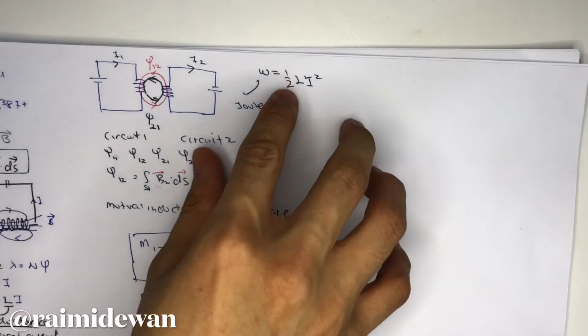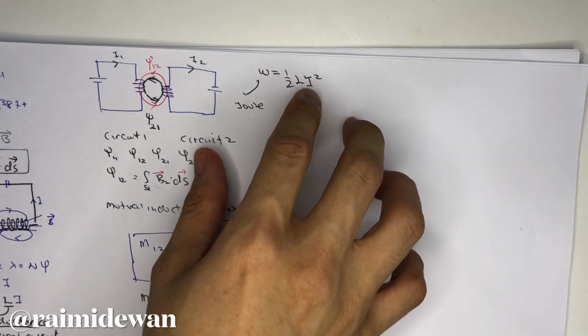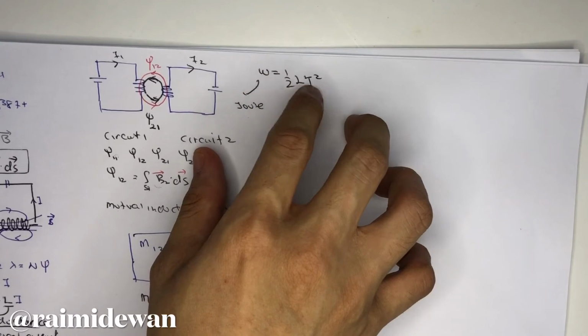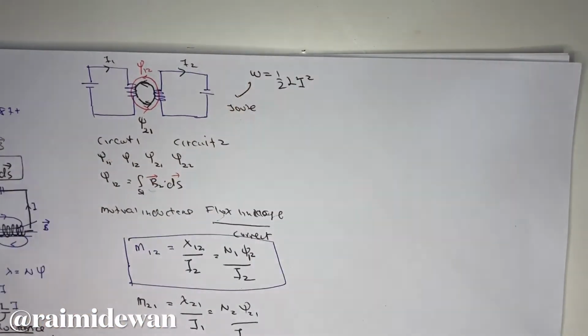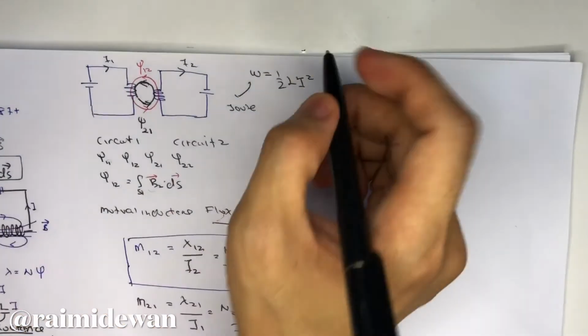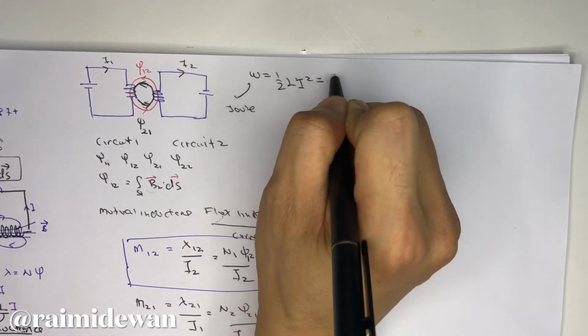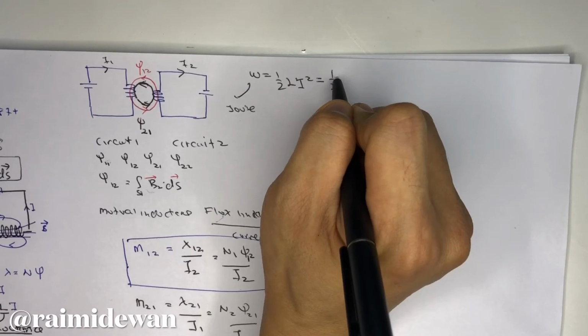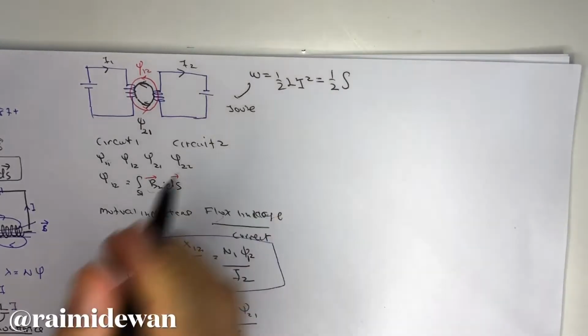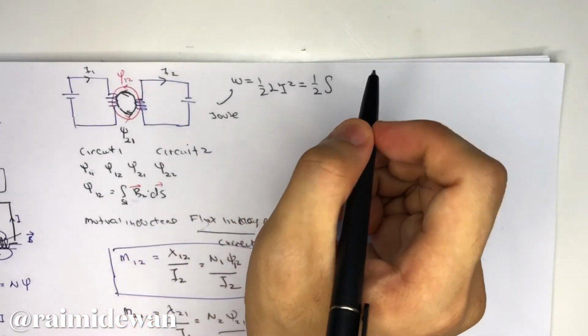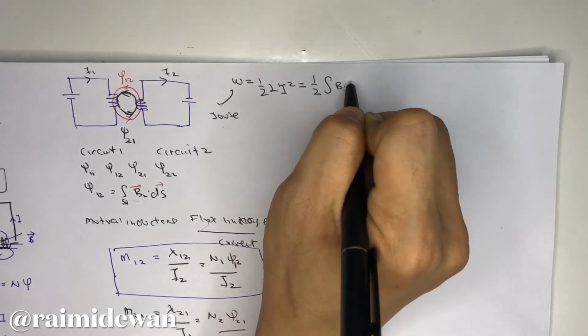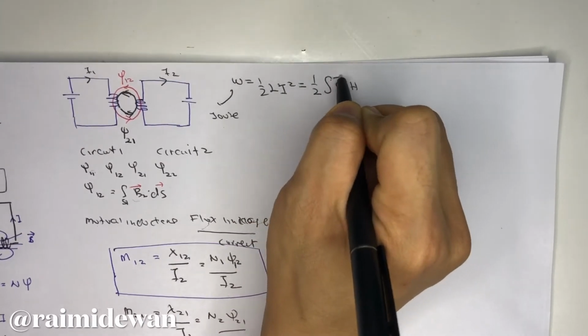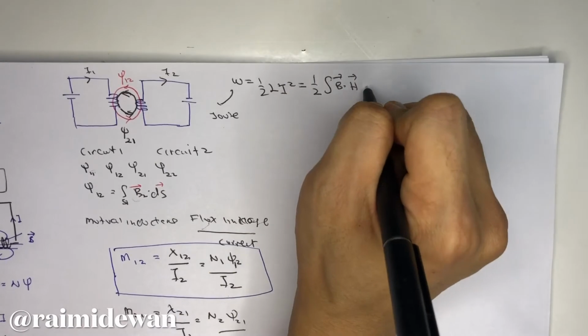And then this L and I square for the energy calculation also can be expanded further, for example, if you want to consider the continuous, so it is half of B dot H dV, okay.